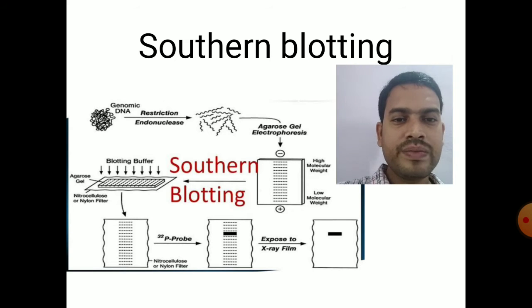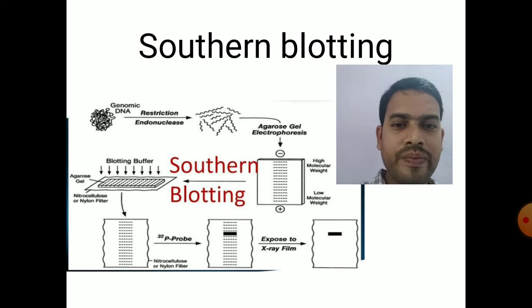After sorting, they are transferred onto a nitrocellulose membrane. The agarose gel is stacked with nitrocellulose membrane and an alkali is used for the transfer of these DNA fragments from the agarose gel onto the nitrocellulose paper.